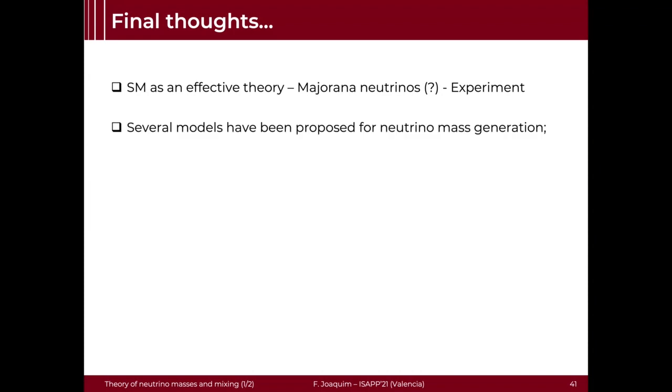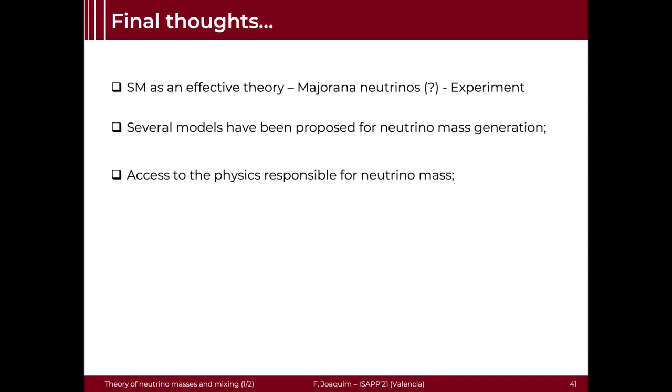Now, several models have been proposed for neutrino mass generation. I just gave you a small sample, probably the most popular ones. But we would like to have access to the physics responsible for neutrino mass. And if this actually happens in nature, then neutrino masses must be generated by some of those low-scale mechanisms that I told you about.